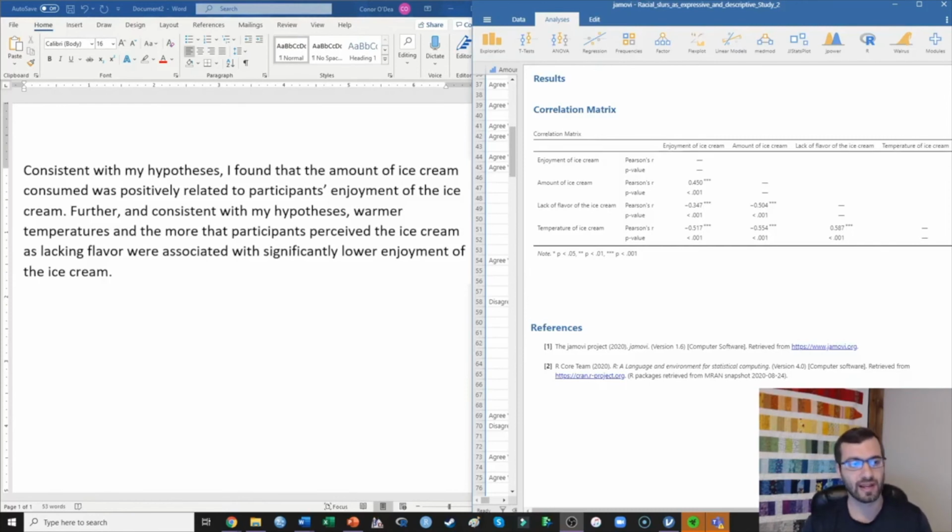What we would then say in the actual results section when we write about these findings, I might say something like, consistent with my hypotheses, I found that the amount of ice cream consumed was positively related to participants' enjoyment of the ice cream. Further, and consistent with my hypotheses, warmer temperatures and the more that participants perceived the ice cream as lacking flavor were associated with significantly lower enjoyment of the ice cream.